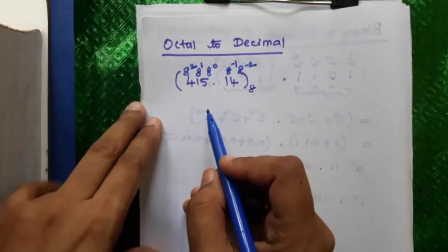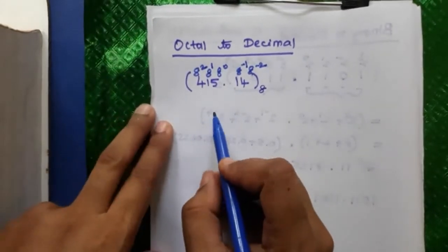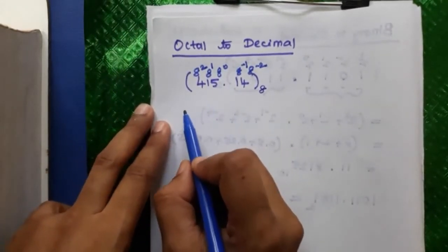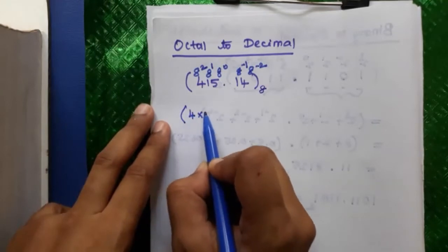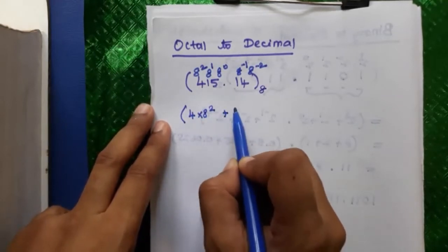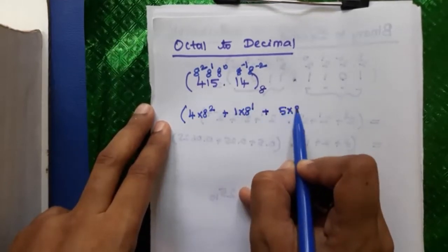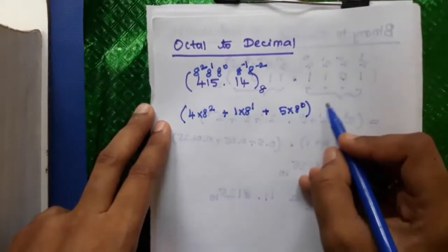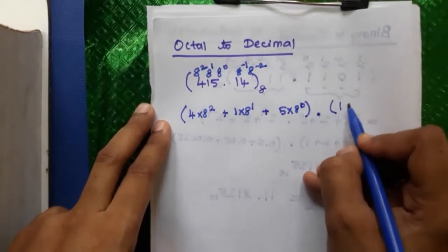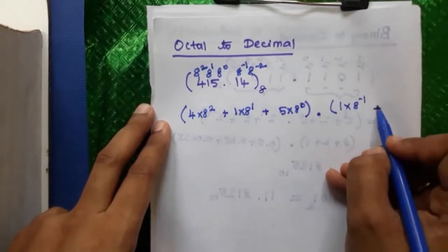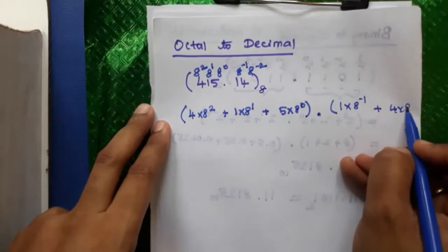Now, it is the weighted sum of the digits. So, for the whole number part, it is 4 into 8 power 2 plus 1 into 8 power 1 plus 5 into 8 power 0 dot 1 into 8 power minus 1 plus 4 into 8 power minus 2.